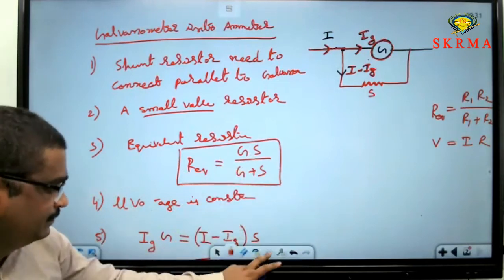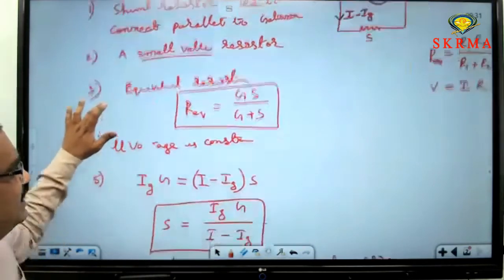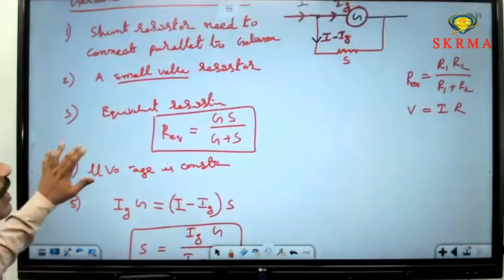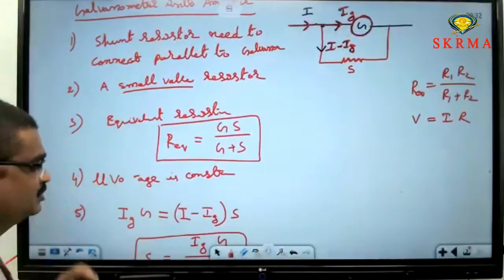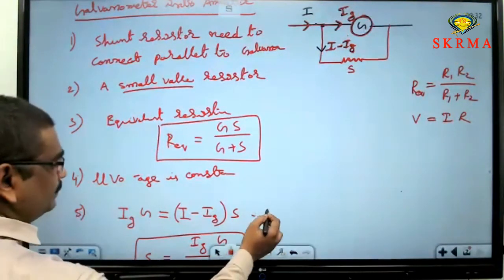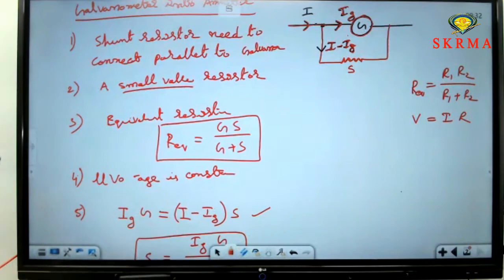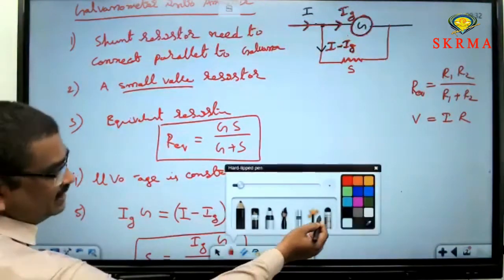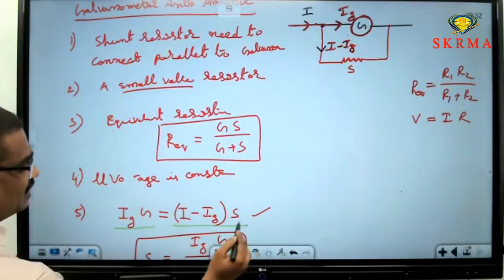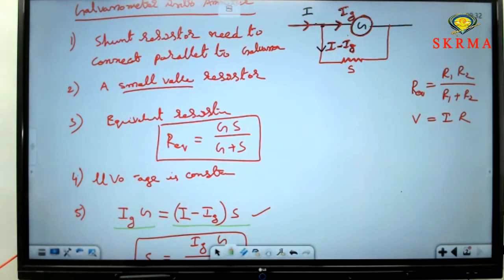Next one. As they are connected in parallel, voltage is constant. That means voltage across the galvanometer should be equal to voltage across the shunt resistor. This is the equation. Voltage across the galvanometer is this one. Voltage across the shunt resistor is this one.